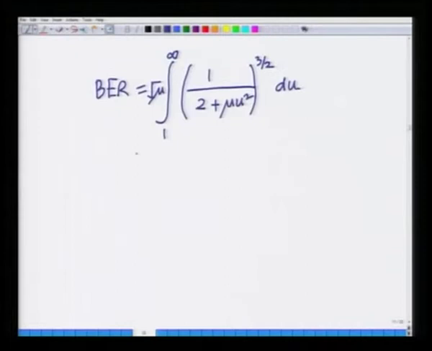So, I am writing the outer integral now as square root of mu times the integral from 1 to infinity of 1 over 2 plus mu u square to the power of 3 by 2.